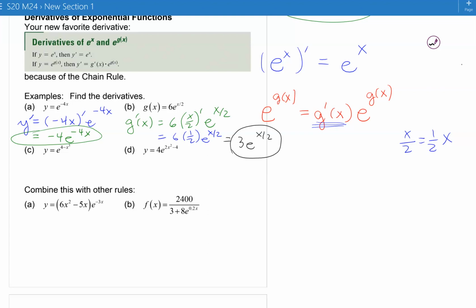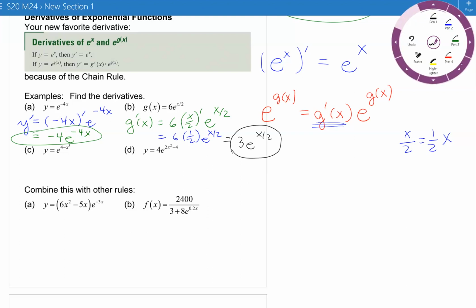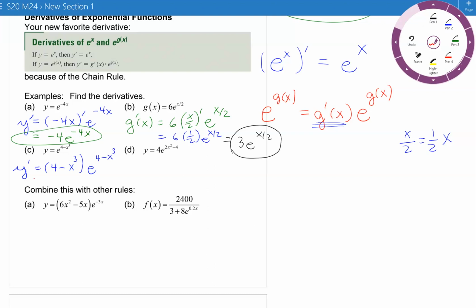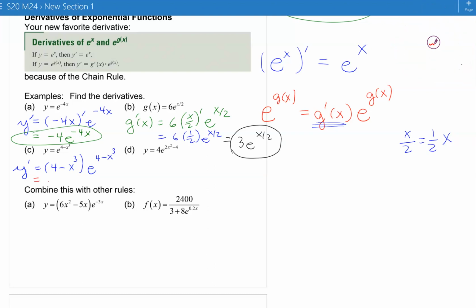Okay, and then C, we're going to have that y prime equals the derivative of the 4 minus x cubed times e to the 4 minus x cubed. And we know the derivative of 4 minus x cubed is negative 3x squared, and then e to the 4 minus x cubed.